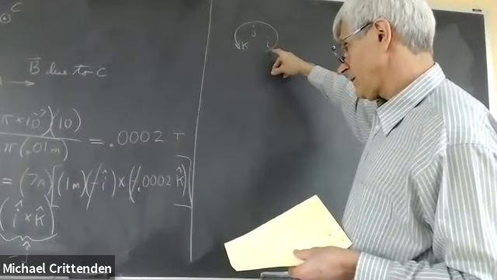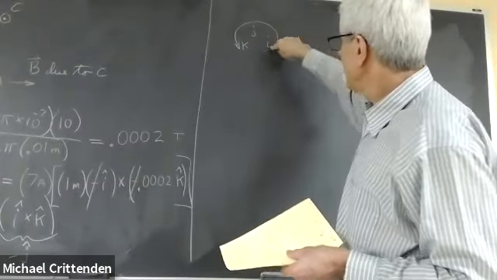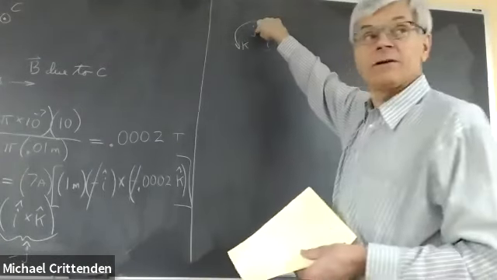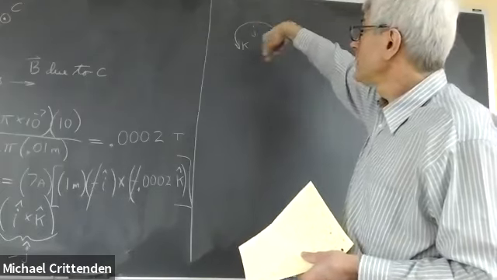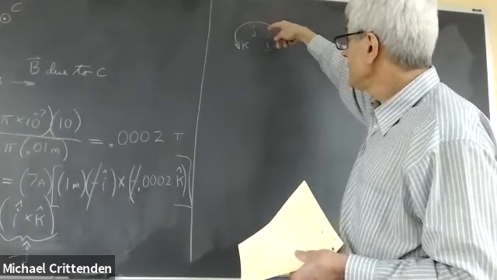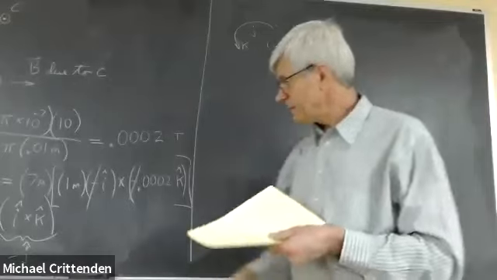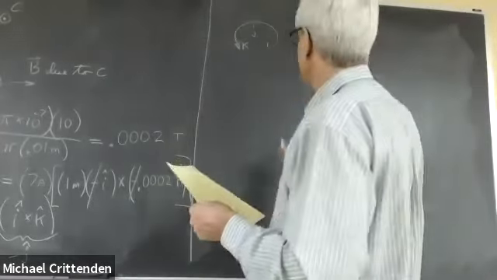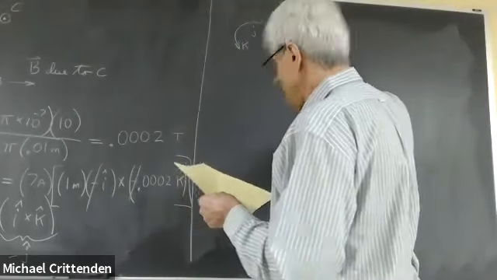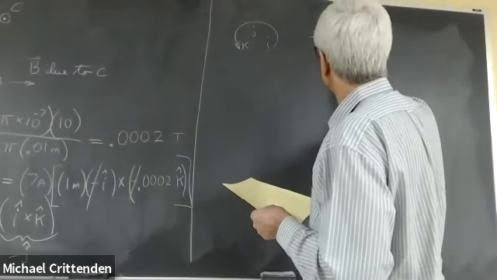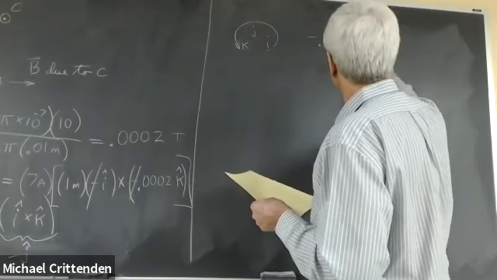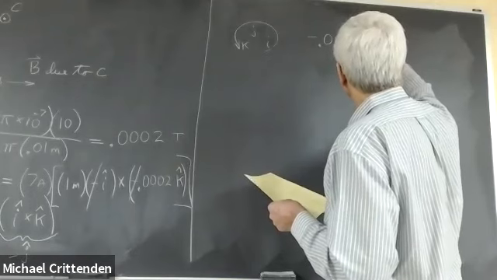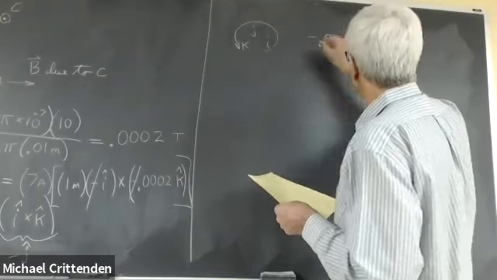And this was I cross. So you start on I cross K, you end up on the J, and you went around in the negative direction. So I cross K is negative J. So tying it all together in a pretty little package, the answer is negative 0.0014 J. It's a force, it's measured in newtons.